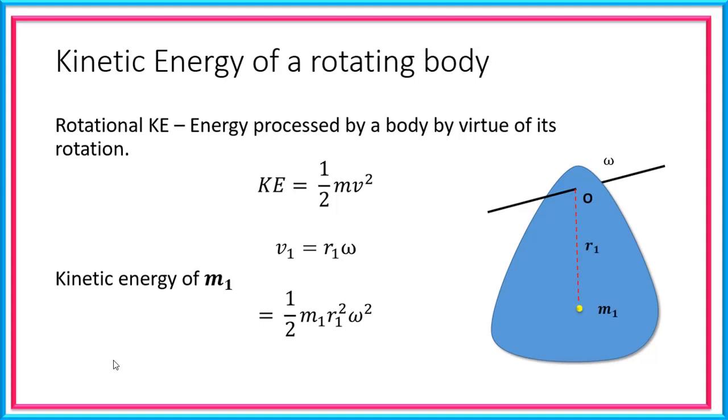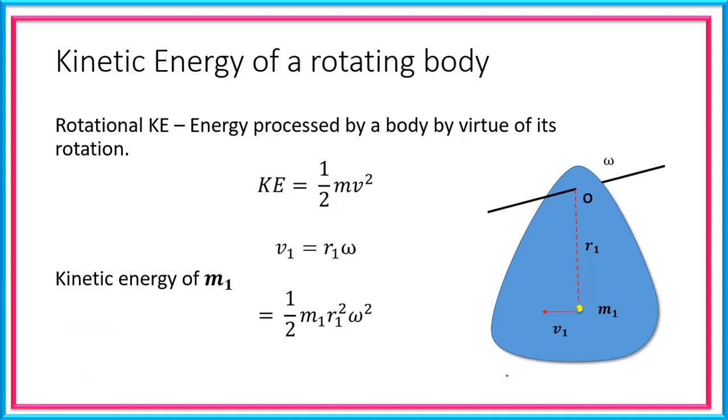Consider a mass m1 at a distance r1 from the center of rotation, the point through which the axis passes. Consider the mass is moving with a small velocity v1.